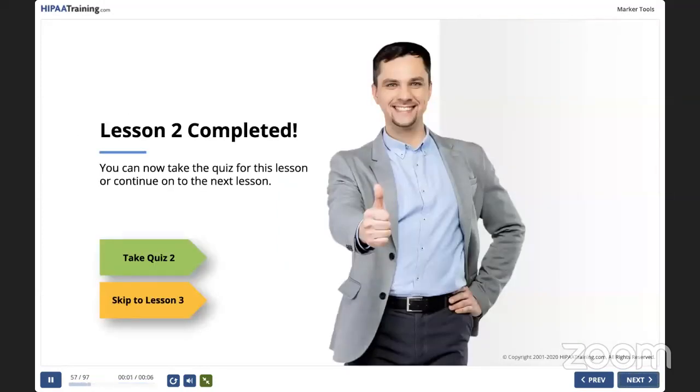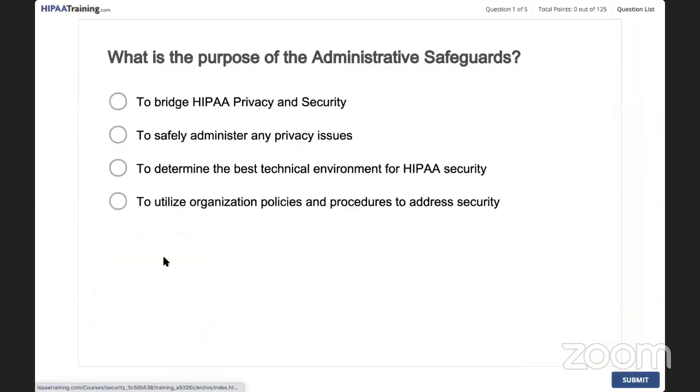Lesson 2 completed. You can now take the quiz. Okay, guys, ready? What is the purpose of the administrative safeguards? Option 1, to breach HIPAA privacy and security. Option 2, to safely administer any privacy issues, determine the best technical environment for HIPAA security. Option 3, to utilize organization policies and procedures to address security.